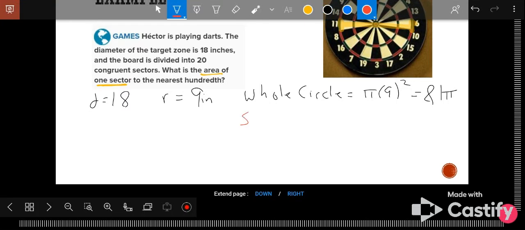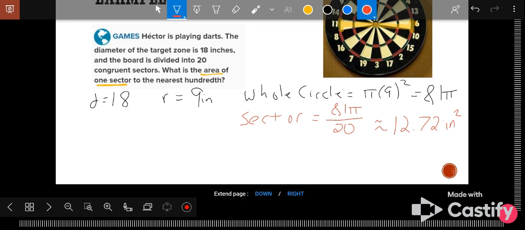And then do the sector. If the whole thing is 81 pi, and there are 20 equal sectors, we just divide it by 20, and we get 12.72 inches squared.